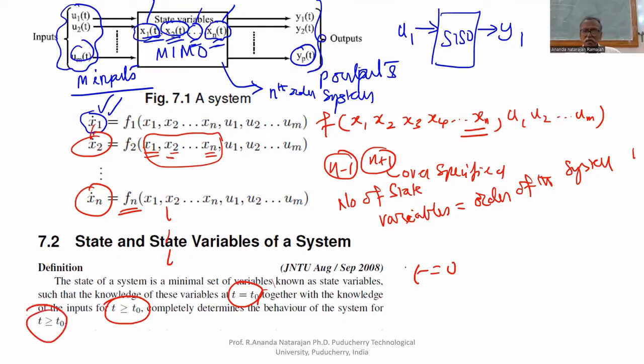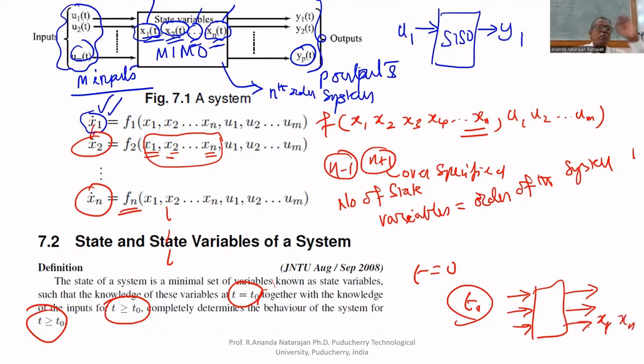I am starting at t naught. At t naught, I know what inputs I am applying after t naught. Then I can find the state of the system, x1 to xn, at any point. Then x1 to xn are called state variables.